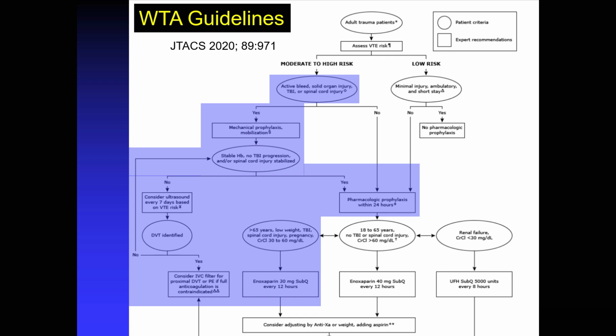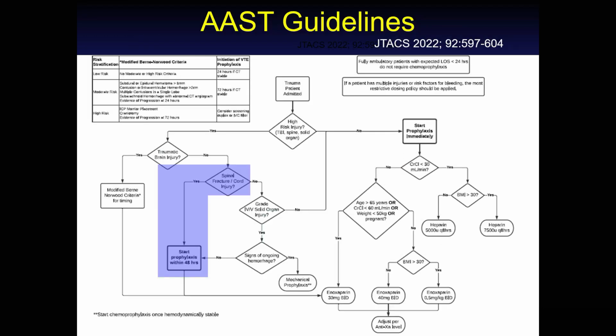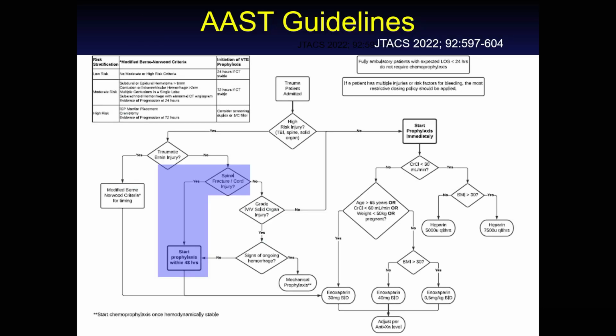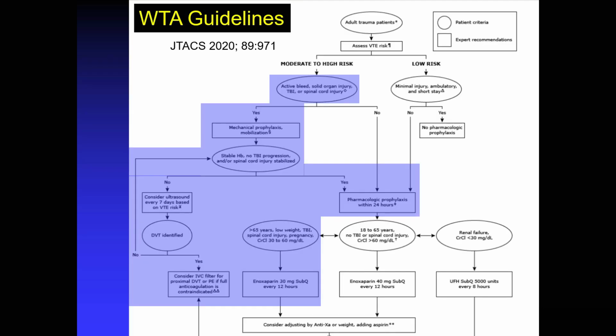In some instances, the risk of epidural hematoma and other issues are too great, and these patients should have mechanical prophylaxis alone and serial duplex studies with IVC filter placement if thrombosis develops. And again, when anticoagulation is initiated, it's typically going to be with the lower dose end of enoxaparin at 30 milligrams BID.